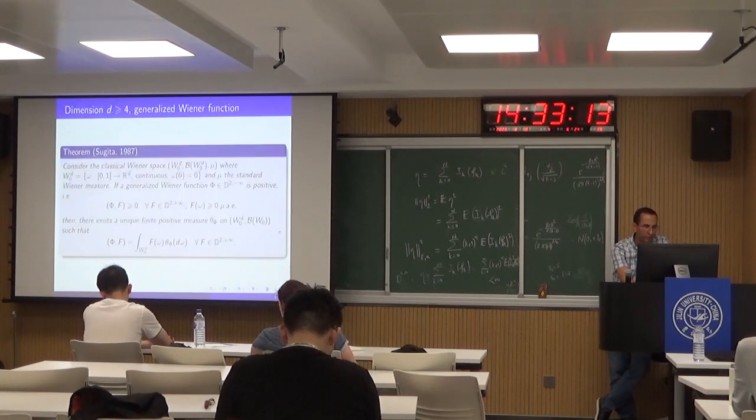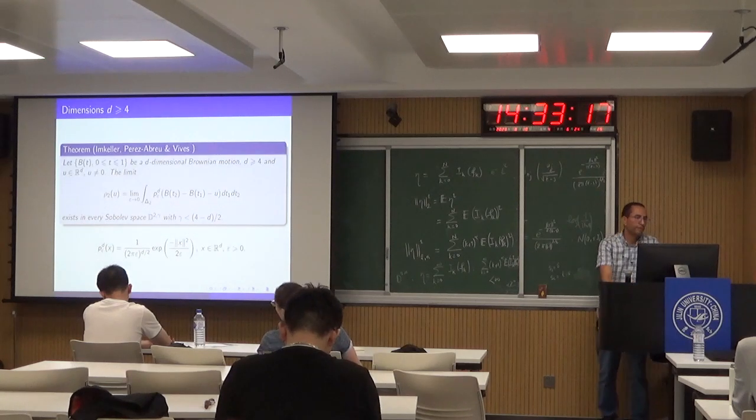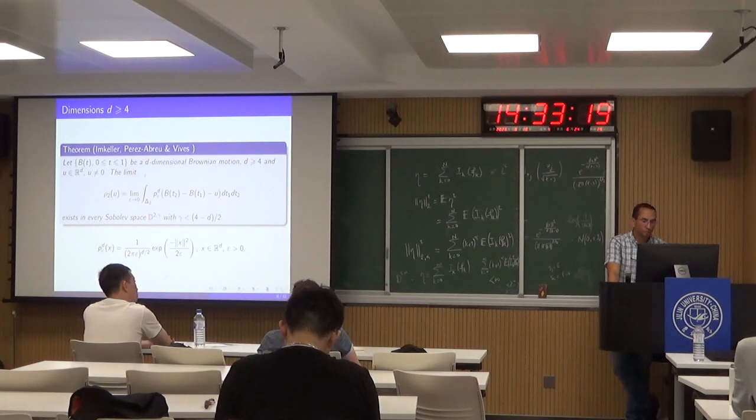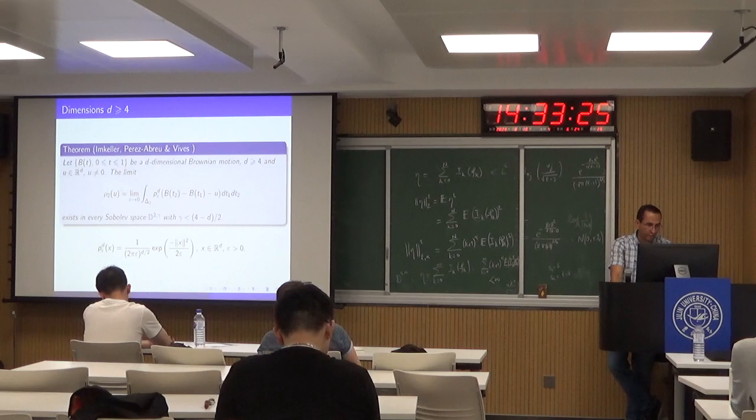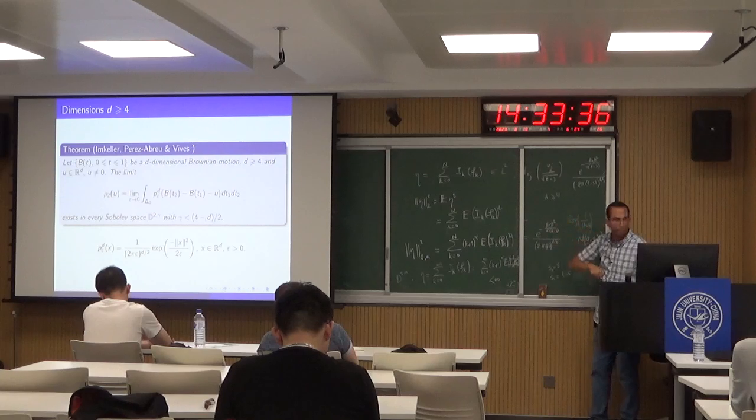Here, the self-intersection local time does not exist as an ordinary random variable, but it may have a sense in a generalized sense. It exists in some Sobolev space with γ smaller than (4-d)/2. Of course, now we have the condition that d is greater or equal than 4.